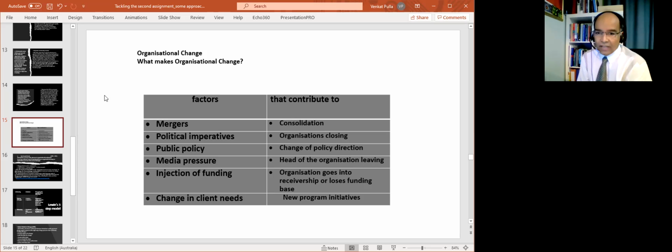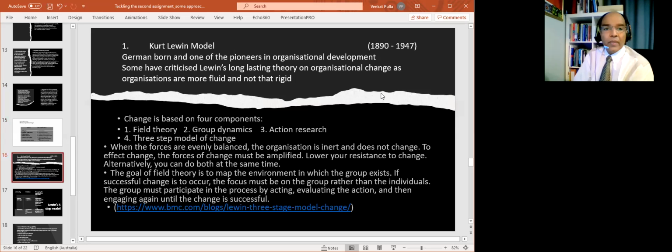Consolidation, organization is closing, change of policy direction, and various kinds of activities can come about. New program initiatives, all these can come about. So there's another theory, another orientation.